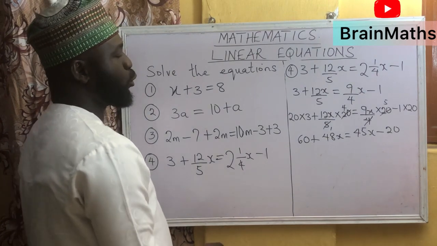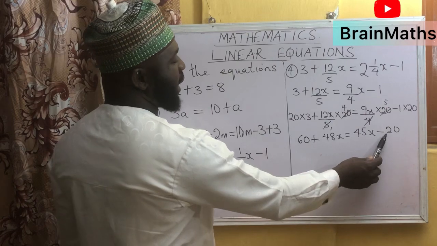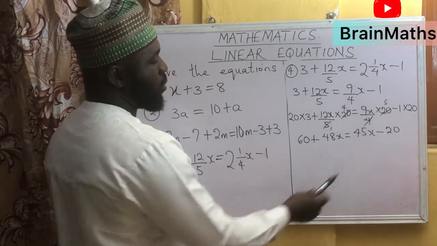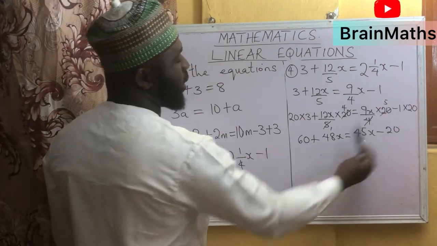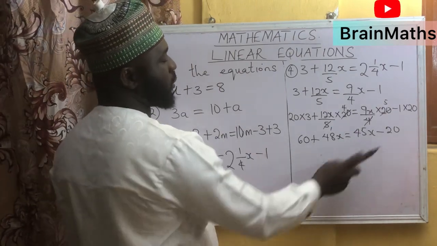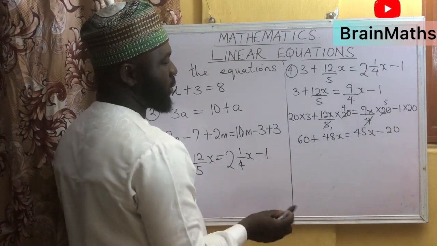And the next thing we'll do is to collect like terms. Now, if you look at this side, we have a negative 20. The only thing that will make it disappear here is to add 20 to this. And the 20 we are adding to that side will also be added to this side.